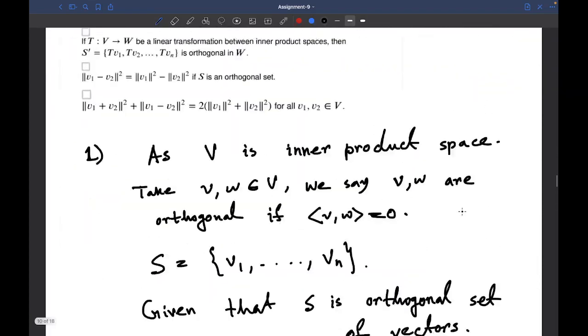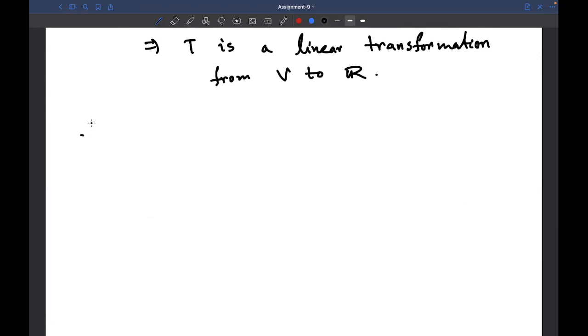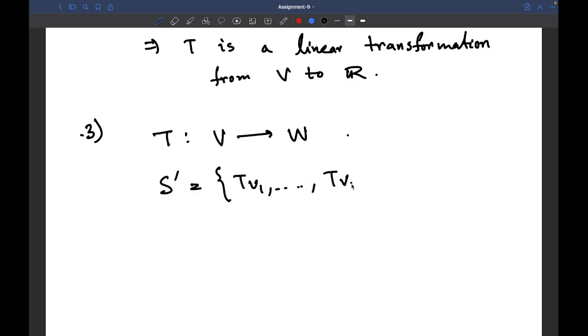Okay, so let's check option number 3. T is a linear transformation from V to W. What is S dash? S dash is T(v1) up to T(vn).